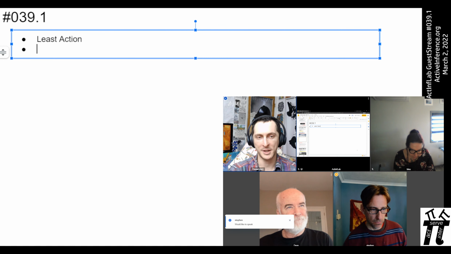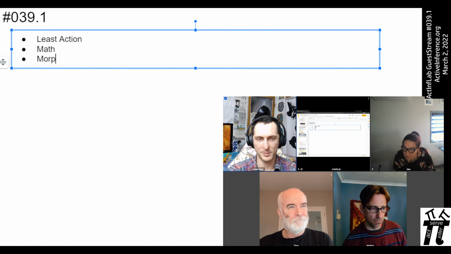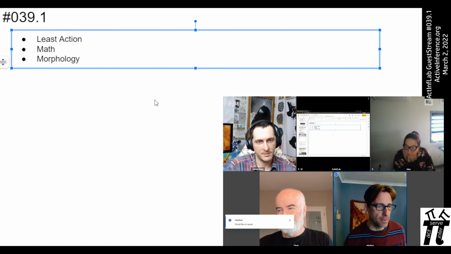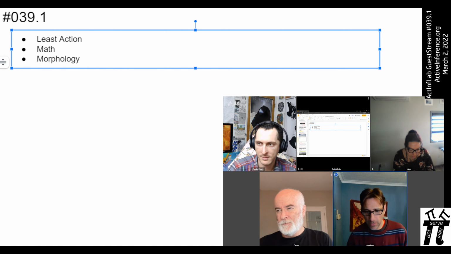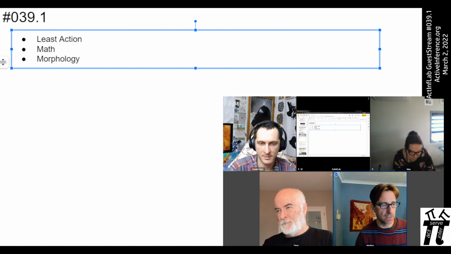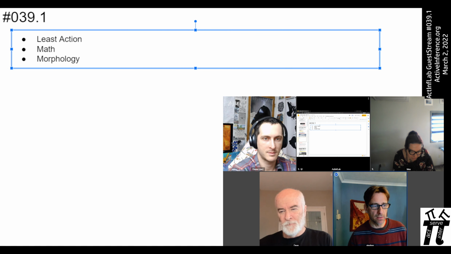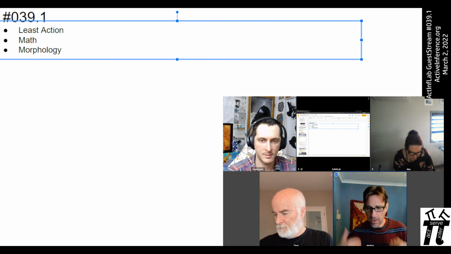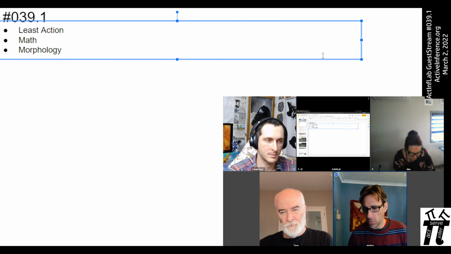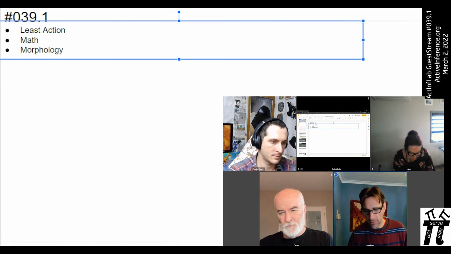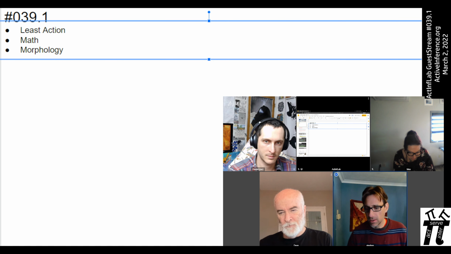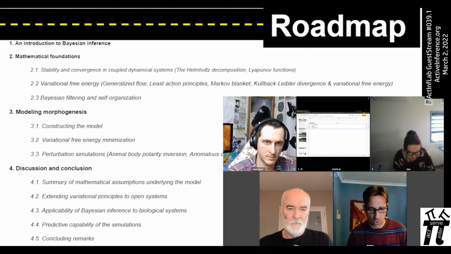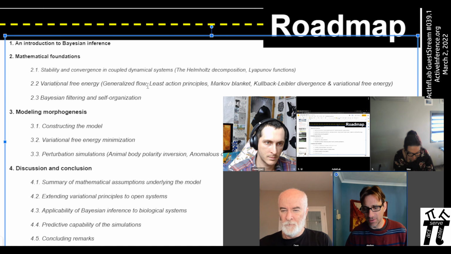All right. Least action, math, morphology. Stephen? Yeah, I don't know if we could unpack a little bit more what Dean was saying there. I'm interested in some of the implications of that work around looking at the math and morphology as it scales from what you might call smaller scales than we can normally perceive. Often what's going on with morphogenesis is not something we can be consciously aware of a lot of the time. However, who we are is built upon morphogenesis.